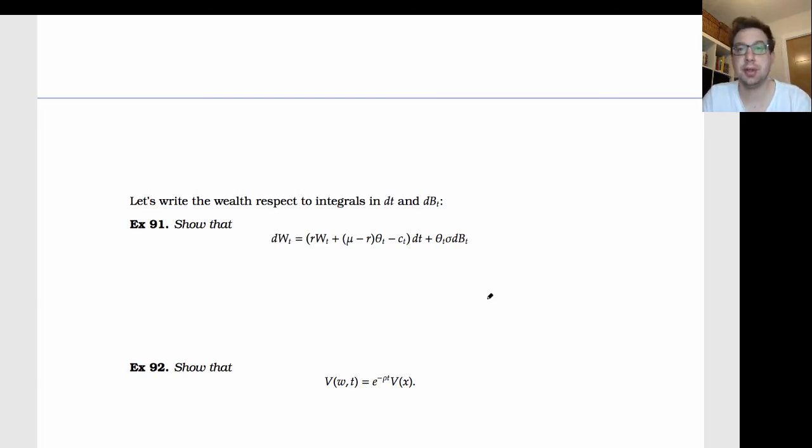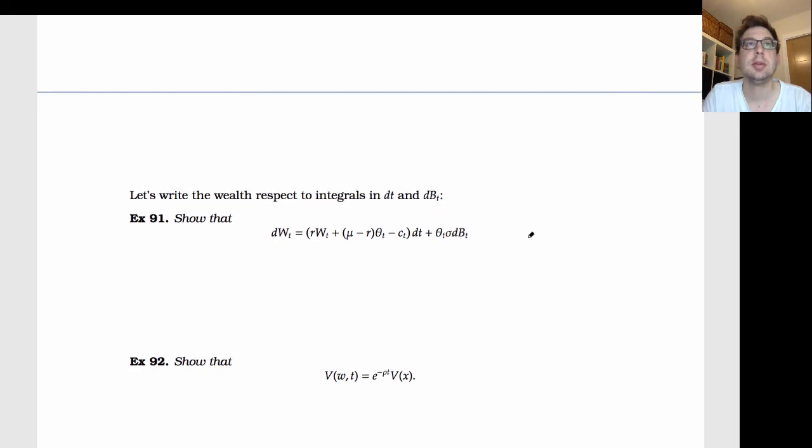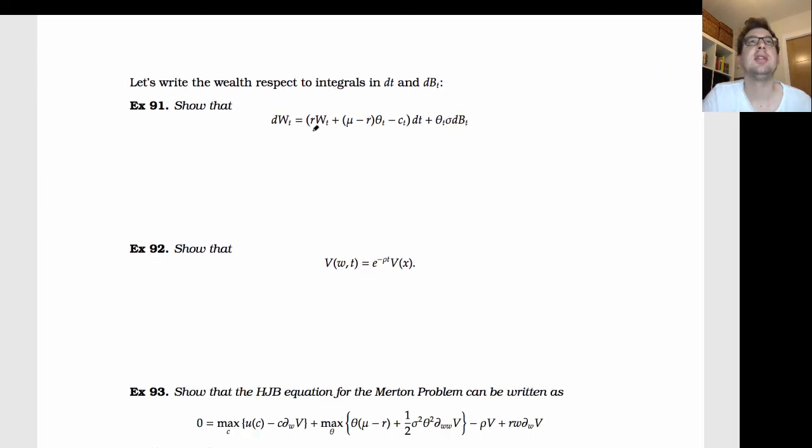The first question that I have written down for you is to think about how we can rewrite this stochastic integral for wealth. It says to show that dW_t is equal to (rW_t + (mu minus r) theta_t minus c_t) dt plus theta_t sigma dB_t, where remember theta_t is our wealth in the stock.